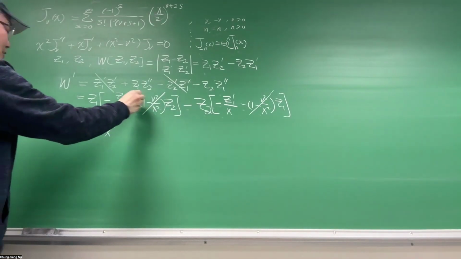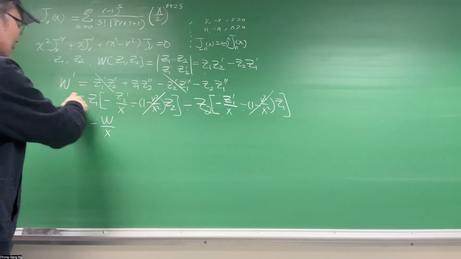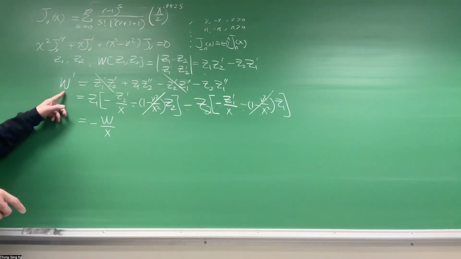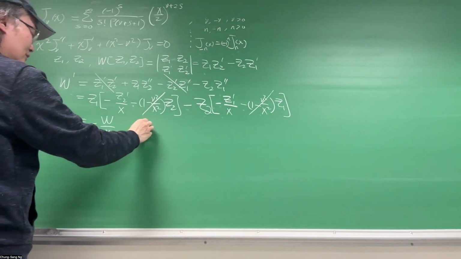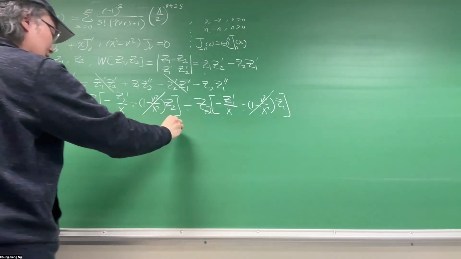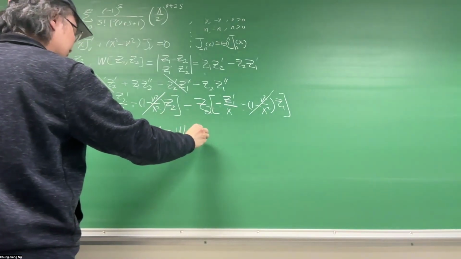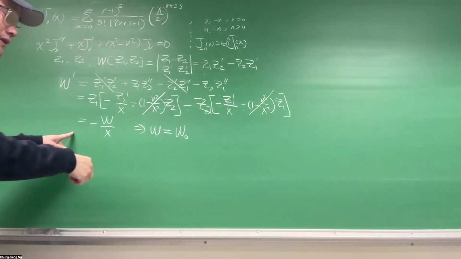So finally, we talked about this before, so this is just a reminder. W prime is that, and you know how to solve this differential equation, right? It's a simple integration. This is first order, so W will equal some constant times an exponential function, because the solution is an exponential.